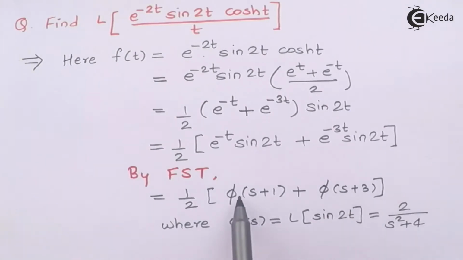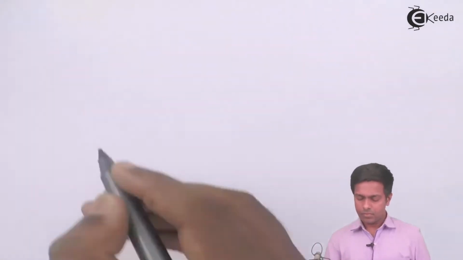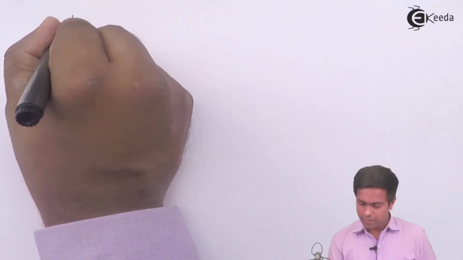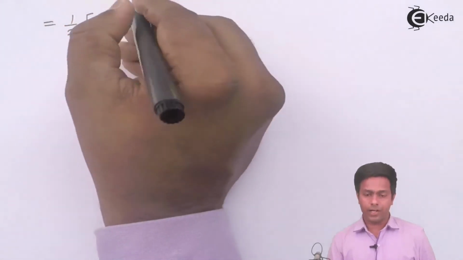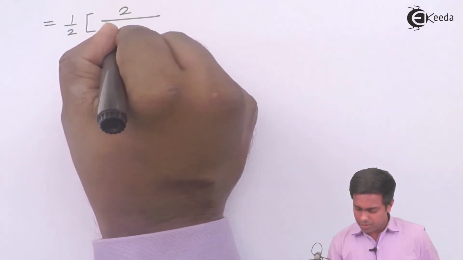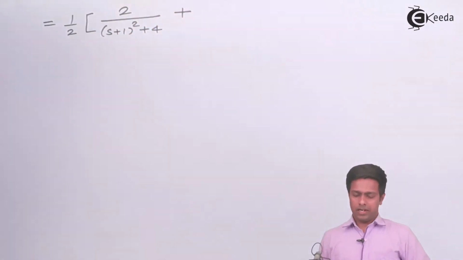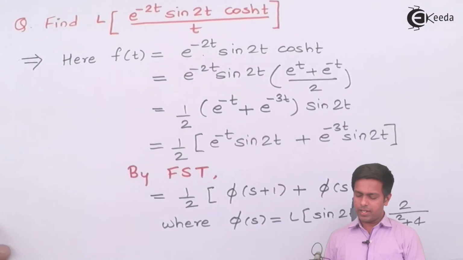Now, to get phi of s plus 1, we have to replace this s with s plus 1. So this will become 2 upon (s plus 1) the whole square plus 4. So we'll get it is equal to half into 2 upon (s plus 1) the whole square plus 4 plus, now to get phi of s plus 3, I'll replace this s with s plus 3 in phi of s.